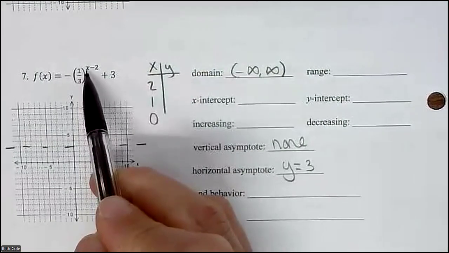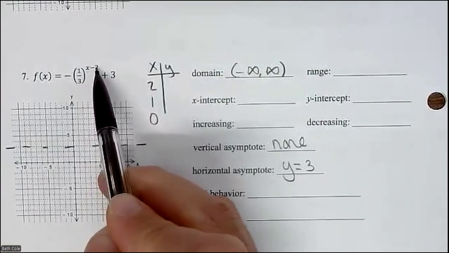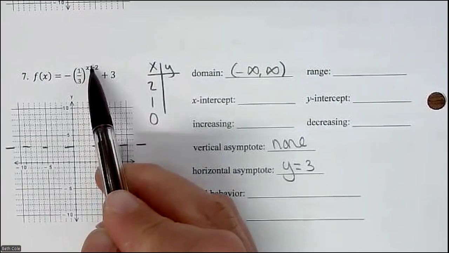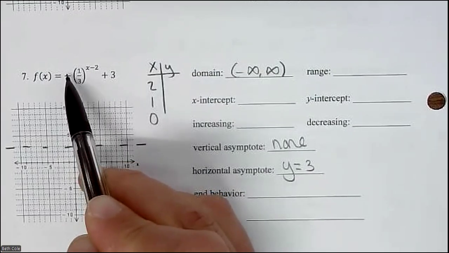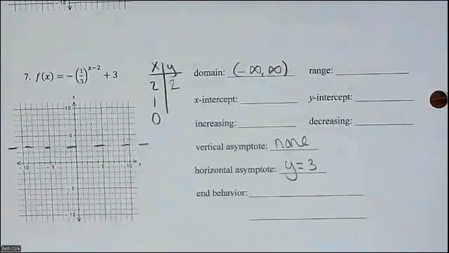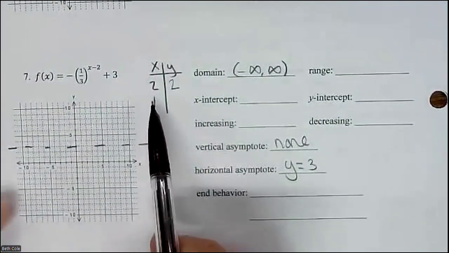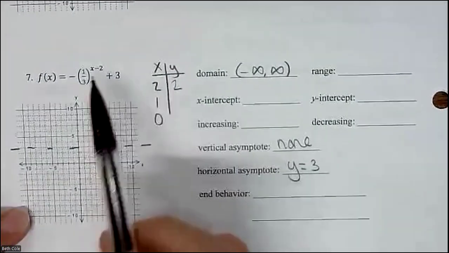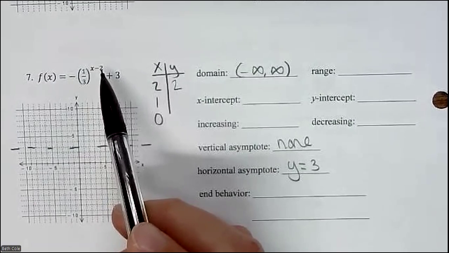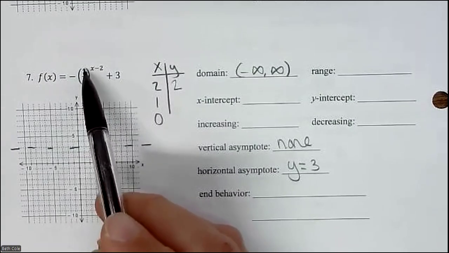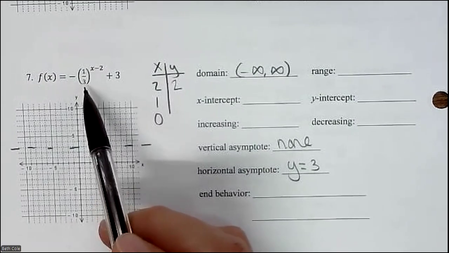So if you plug in 2, 2 minus 2, 0. Anything on God's green earth to the 0 power? 1. But it is -1 plus 3 is 2. All right, heads up, there's going to be a negative. No panicking, okay? 1 minus 2, -1. But what that does is it flips this. So instead of 1/3, 3.